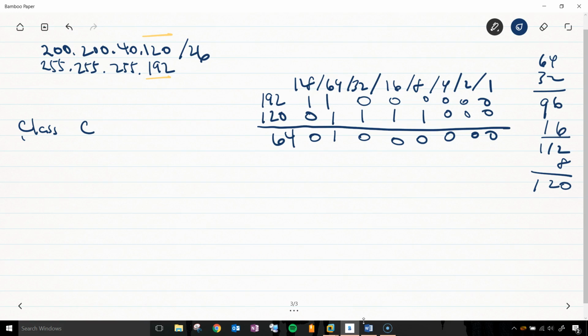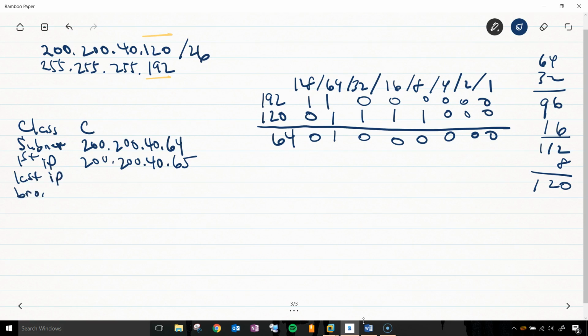The subnet address is 200.200.40.64, which means that the first IP is 200.200.40.65, and we need to know the last IP, the broadcast, number of subnets, and the usable hosts.